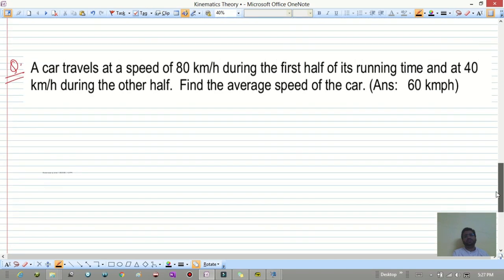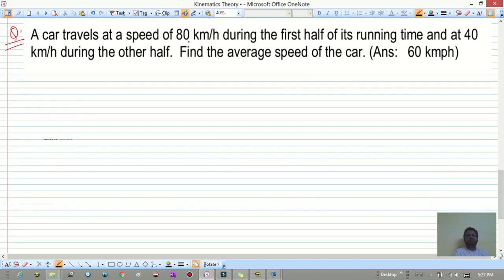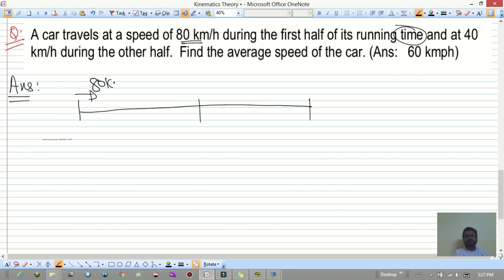So the next question. A car travels at a speed of 80 km per hour during the first half of its running time and at 40 km per hour during the other half. Find the average speed. Now here, first half of a running time indicates what? Here time is same, right? So a car travels with a speed of 80 km per hour for the first half time and with a speed of 40 km per hour for the next half time.